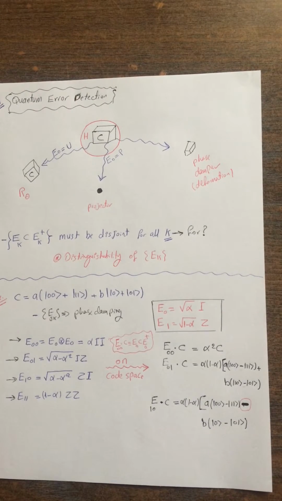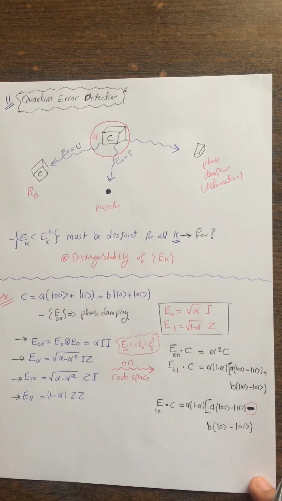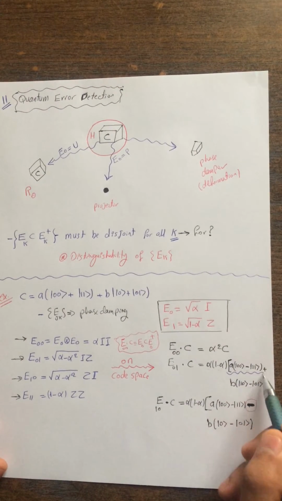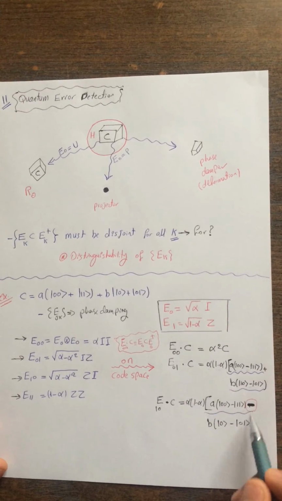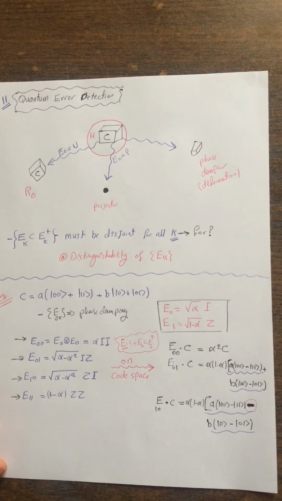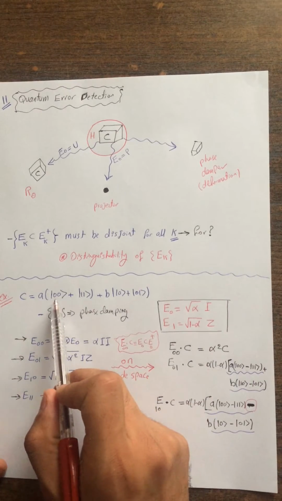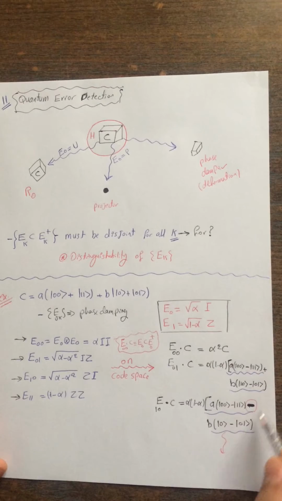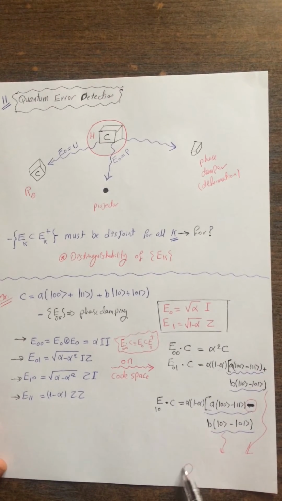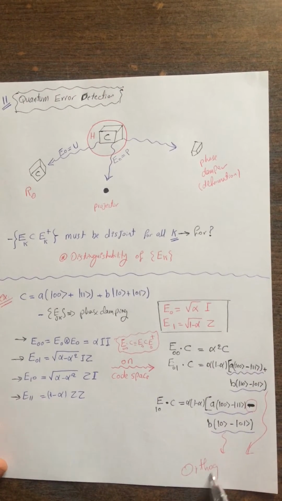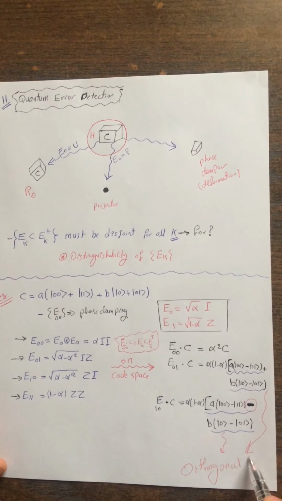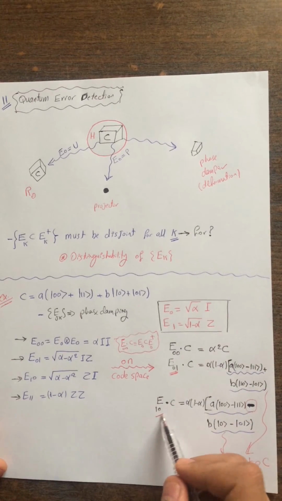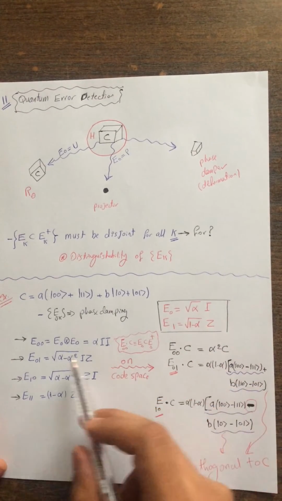But the important thing that I would like to highlight here is that those bases, if you look at them precisely, are orthogonal to C. But it's actually E01 and E10, they are not orthogonal to each other.